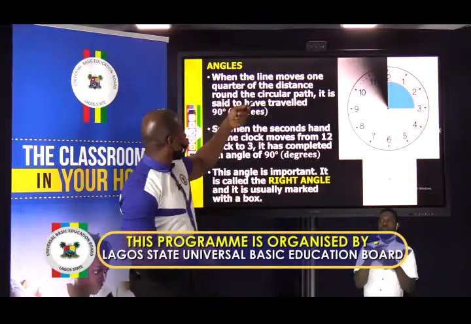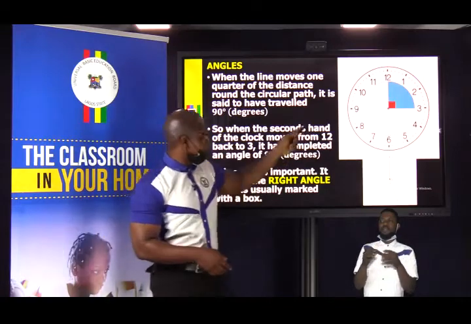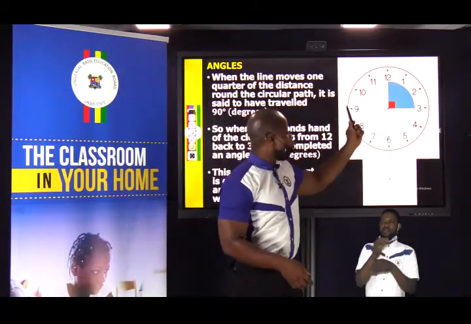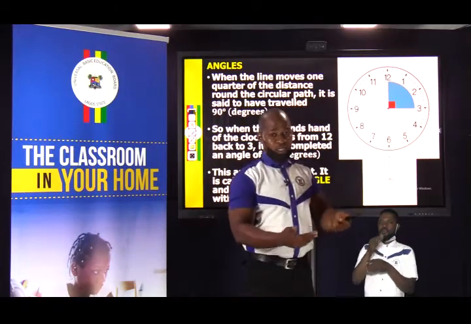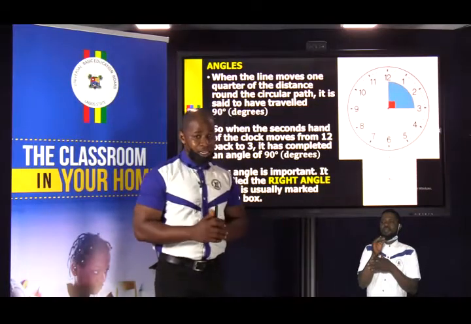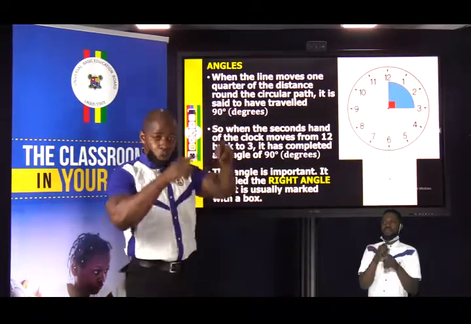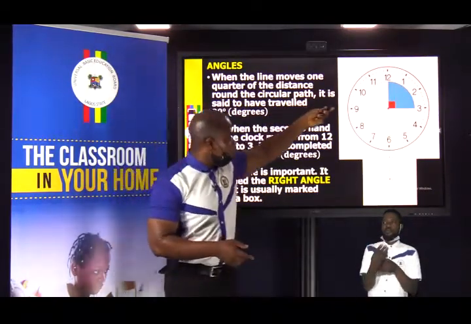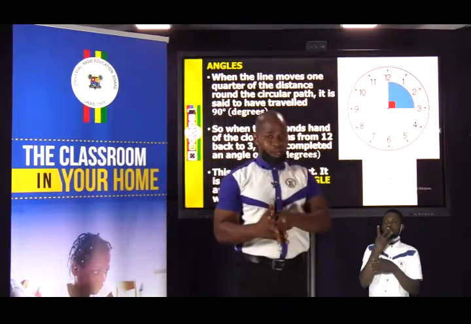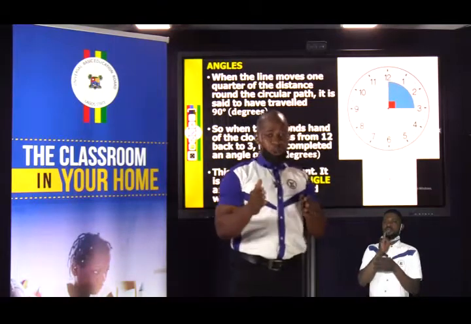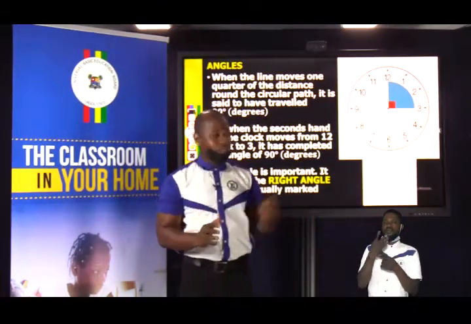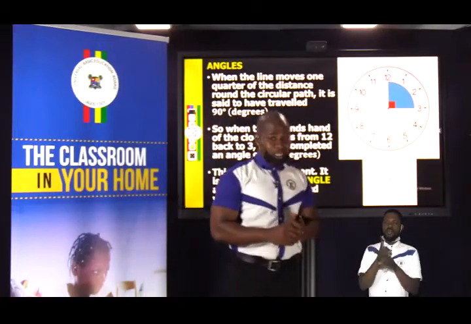Now when the line moves 1/4 of the distance, the whole distance is 360, half of it is 180, and 1/4, which is half of 180, is 90 degrees. So when it moves 1/4 of the way, like from 12 to 3, that is 90 degrees, because if we divide 360 degrees into 4 equal parts, we get 90 degrees.